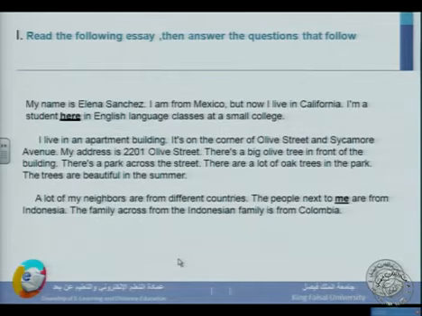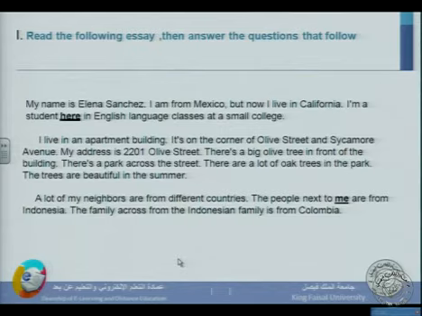It is on the corner of Olive Street and Sycamore Avenue. My address is 2201 Olive Street. There is a big olive tree in front of the building. There is a park across the street. There are a lot of oak trees in the park. The trees are beautiful in the summer.